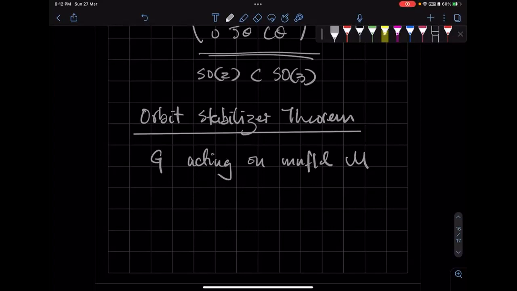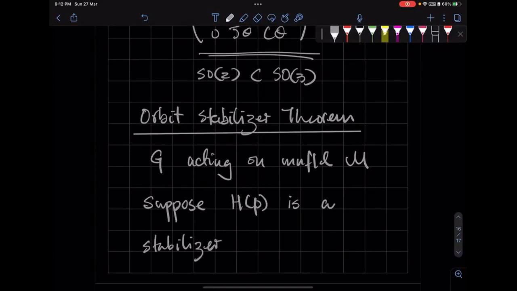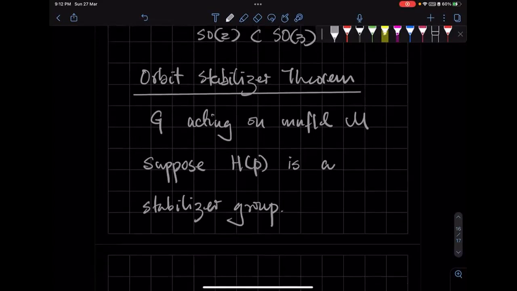Now suppose H_P is a stabilizer group for some P in that manifold.